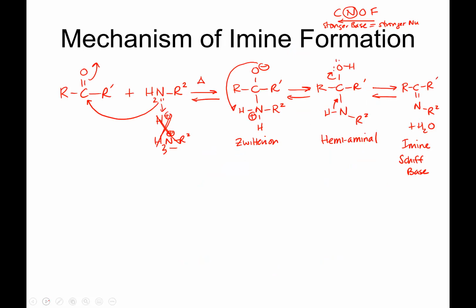So we can push the equilibrium to the right by either forming a solid as our Schiff base, or you could also push the equilibrium to the right by removing the water as it's formed. And so if you're going to make an imine or Schiff base, that's typically what you do. So this is the mechanism for forming the imine or the Schiff base.